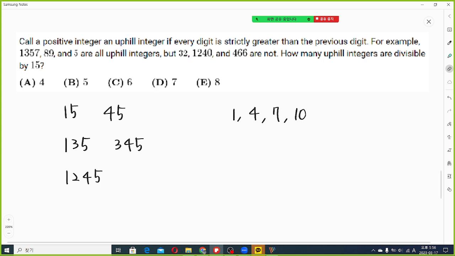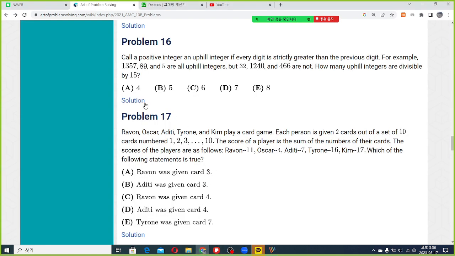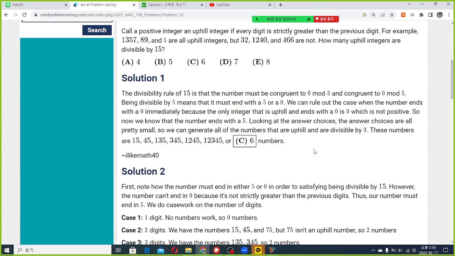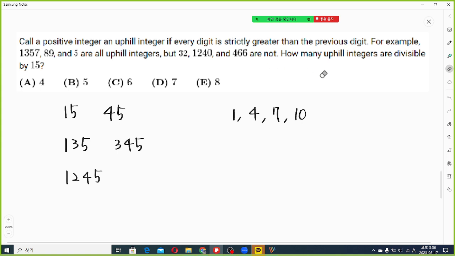Maybe this five, and no else. But there may be some other numbers. One more. Okay, 1, 2, 3, and 5. A 5-digit one is also possible. This makes this 10.